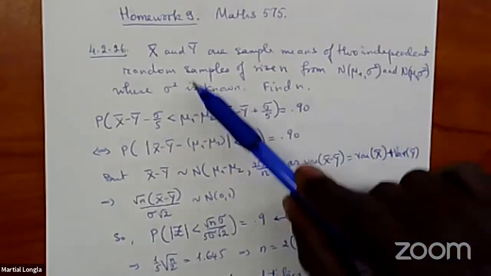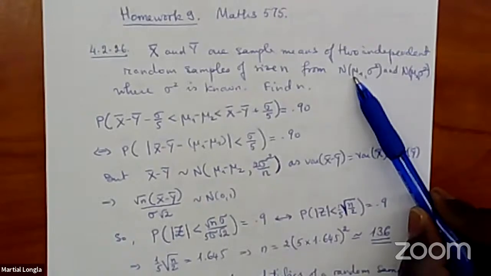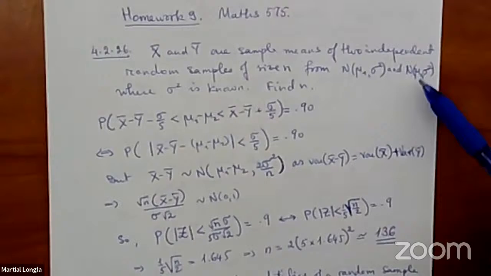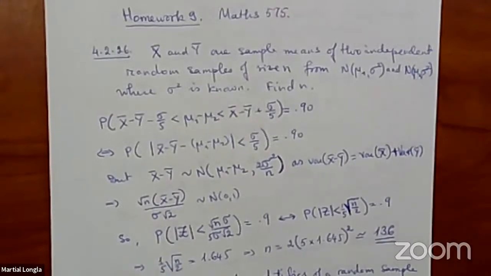You know that the xi's were independent from normal mu1, sigma squared, and the yi's were independent from normal mu2 and sigma squared. So those are normal, so the whole thing is jointly normal.